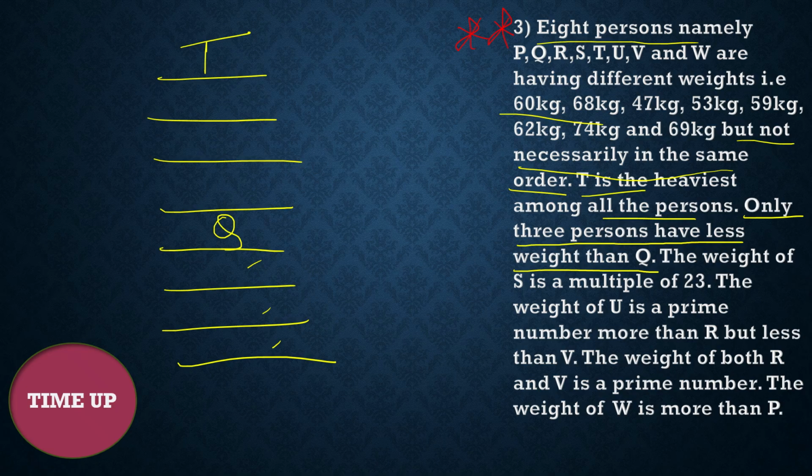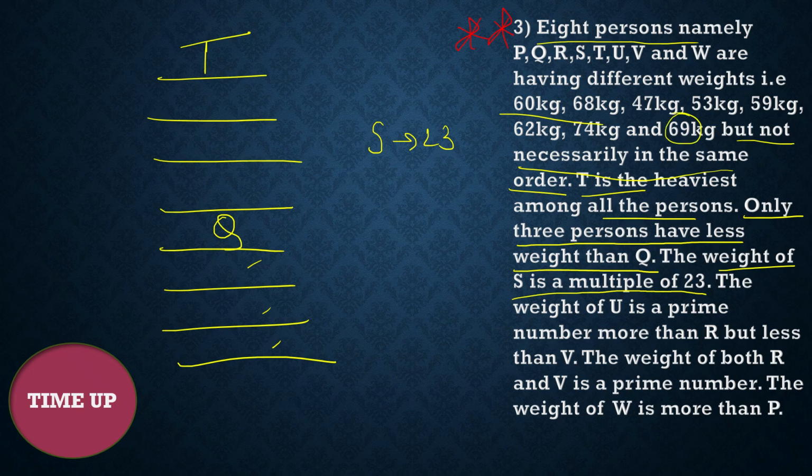The weight of S is a multiple of 23. So, by this statement, you should know what the multiple of 23 is. Is it 60 kg, 68 kg? What is it? It will be 69 kg.